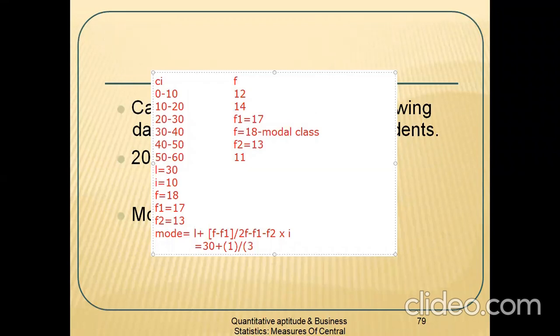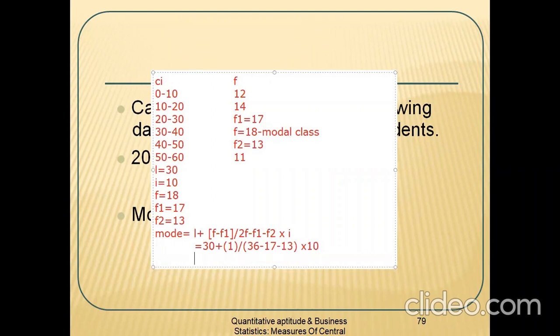So 2 into 18 is 36, minus F1, which is 17, and F2 is 13. The entire thing is to be multiplied by the width of the class. The width of the class here is 10, so multiply that with 10.